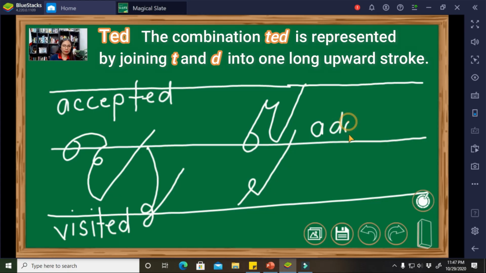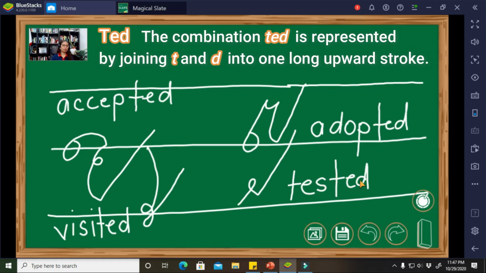Very good. What about this one? Upward, that is your letter T, and this one is your letter E, and this one is your letter S again, and TED. So the word now is "tested."